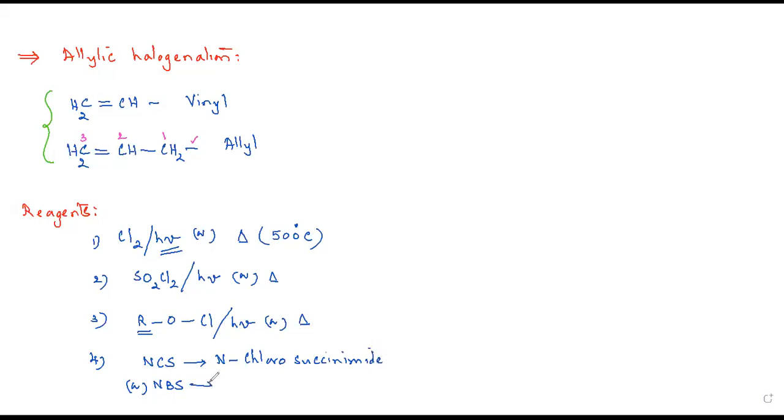Then this NBS is N-bromosuccinimide. Okay. Then what are these reagents? Let me show you. N-chloro and N-bromosuccinimide are the most frequent reagents used for allylic halogenation. Okay.